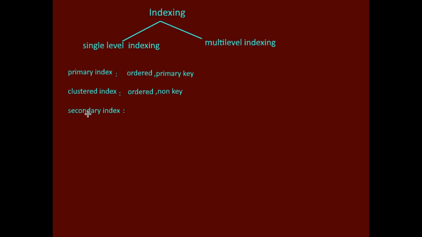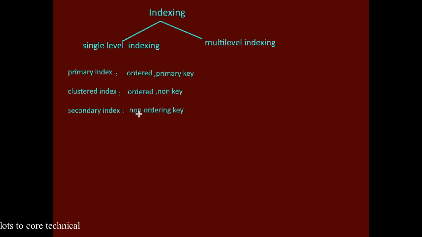Secondary index is based on some non-ordering key. That is, some field or the attribute on which the file is not ordered. Such a field will be acting as the index search key in secondary index. Maybe sometimes this file may be ordered based on the primary key, and there may be already a primary index existing for it. Otherwise, the file will be ordered based on some non-key, and there may be some clustered index existing for that file.